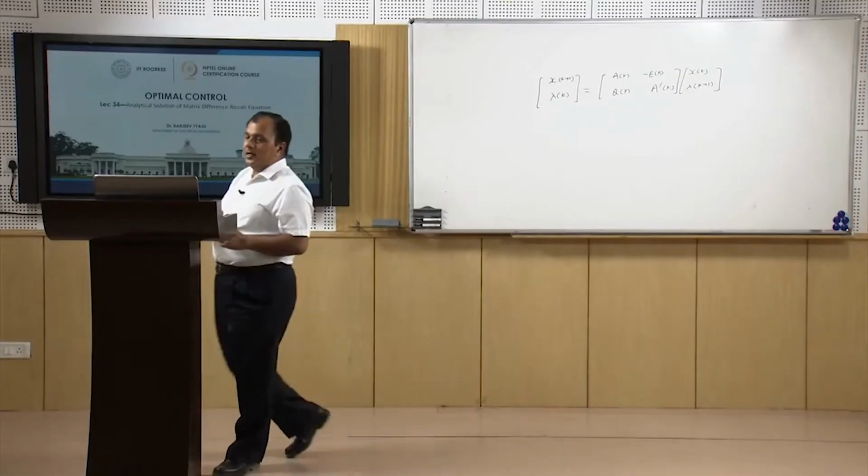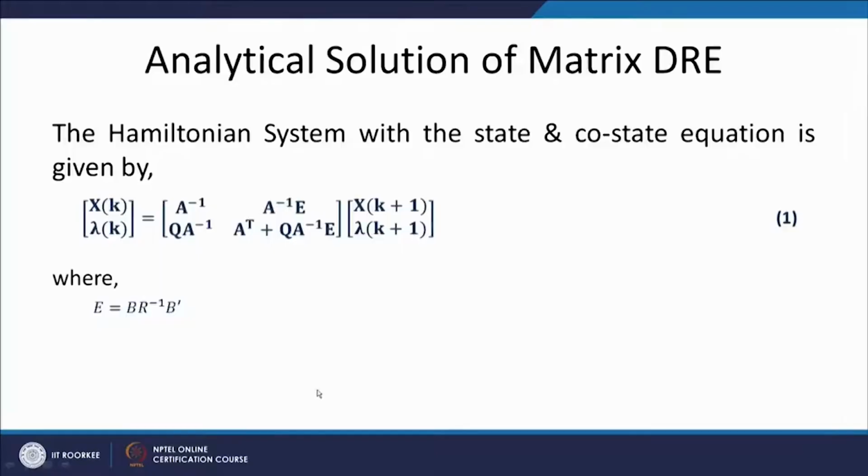But in this case I have to find this in terms of the x k and lambda k. So, this means this equation I want in terms of the x k.